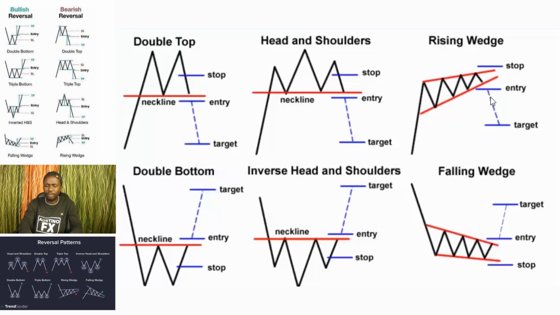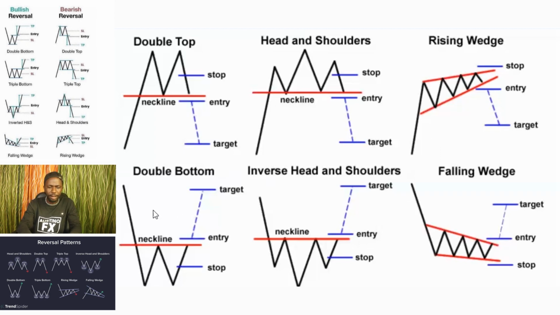So if the price breaks below the trend line, that gives you a confirmation that the trend has changed from an uptrend to a downtrend. So that is when you are expected to place a sell trade, and your stop loss must be above the resistance level, the upper trend line, and then your take profit must be at the previous low or the previous support level. So this is how you trade the reversal chart pattern for an uptrend.